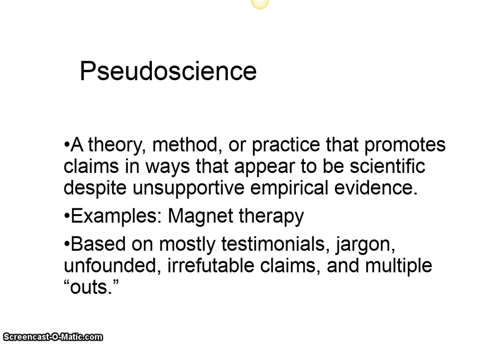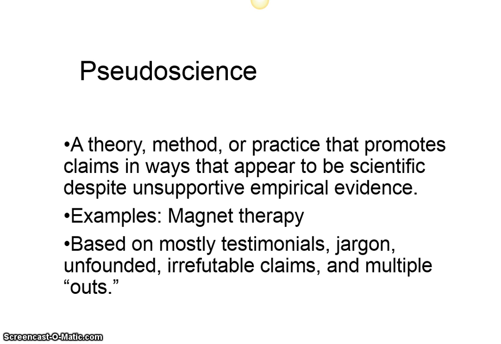The problem with pseudoscience is that it's based mostly on testimonials, jargon, unfounded, irrefutable claims, and multiple outs. In other words, if you buy an expensive magnet bracelet and it doesn't work, you might come back and the person who sells it might say, well, the magnet acts differently on the different parts of the body, so they're going to give multiple outs.